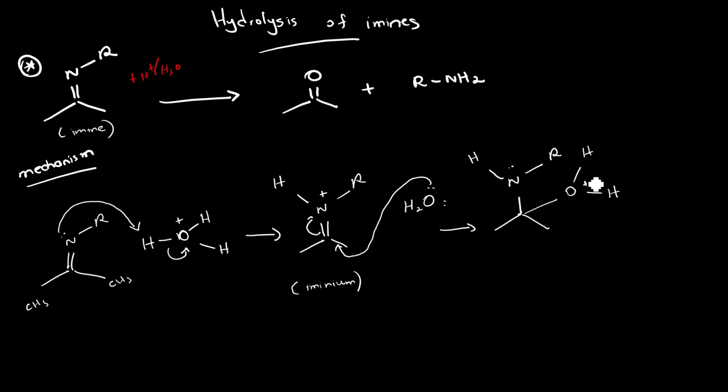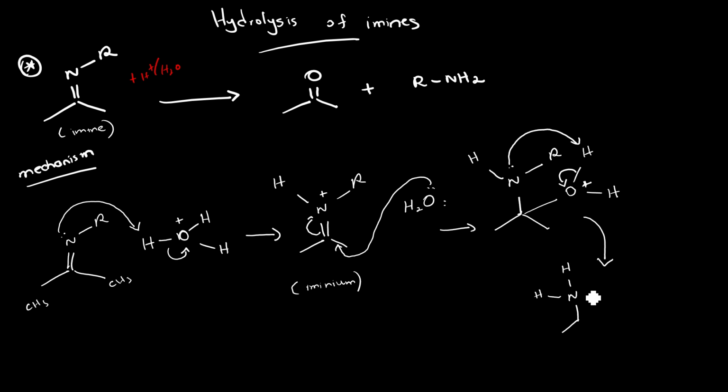There's a positive charge here. Now what happens is, here you can see a lone pair. This lone pair will go and attack this particular hydrogen, which results in the breaking of this particular bond, and oxygen will take these lone pairs to neutralize its positive charge. Now here we have our molecule as nitrogen with two hydrogens.